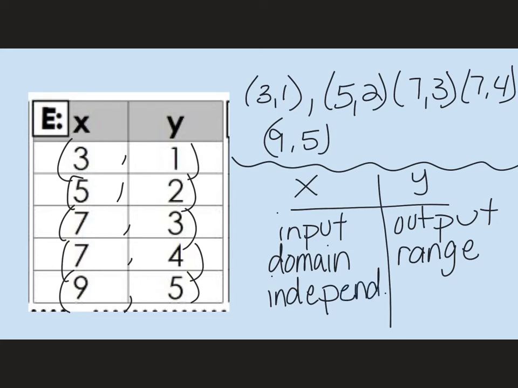I just ran out of room there. X is independent, so Y would be the dependent. Because the Y depends on what you put in for X. You can kind of think of it as like a toaster. The kind of bread you put in is the kind of toast you're going to get back. If you put white bread in, you're going to get white toast back. If you put rye bread in the toaster, you're going to get rye toast back, and so on and so forth. So the kind of toast depends on the kind of bread. Or in this case, the Y depends on the X.